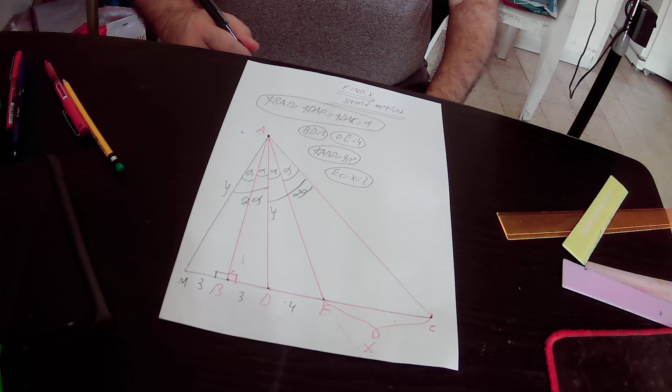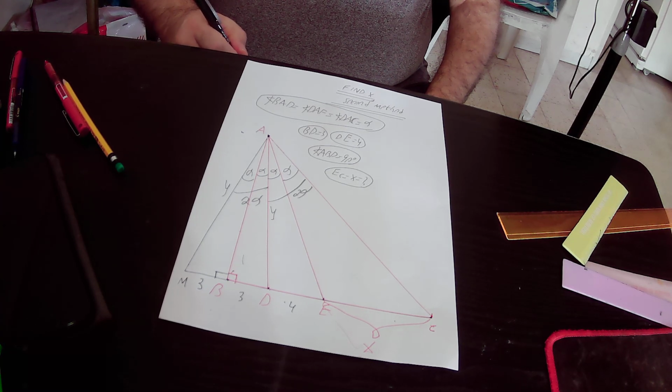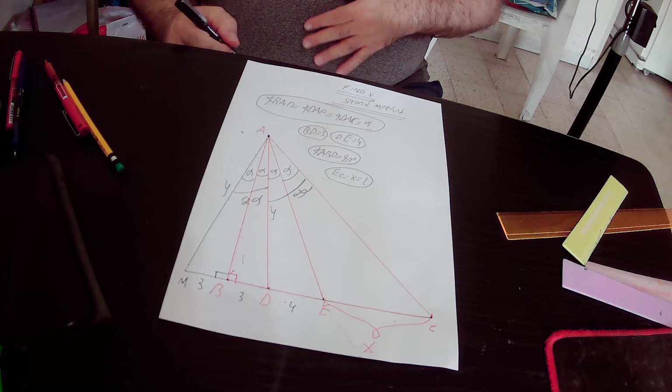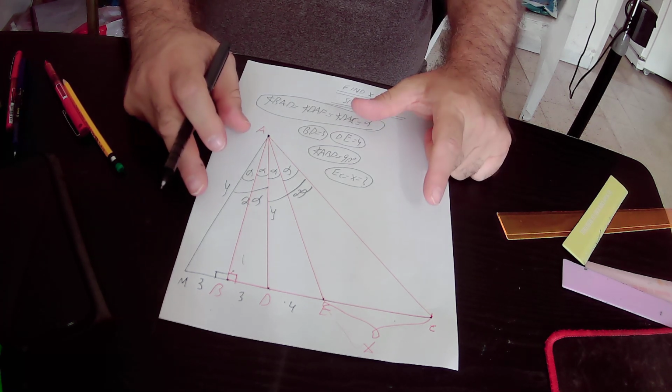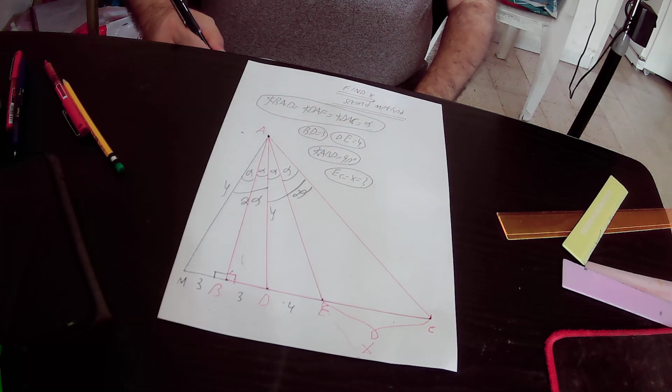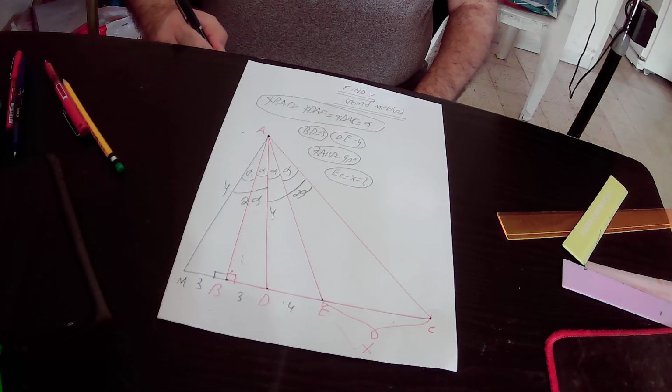And that ratio equals the ratio between the angle legs. The angle legs are AM and AC, so the ratio between the angle legs is AM over AC.